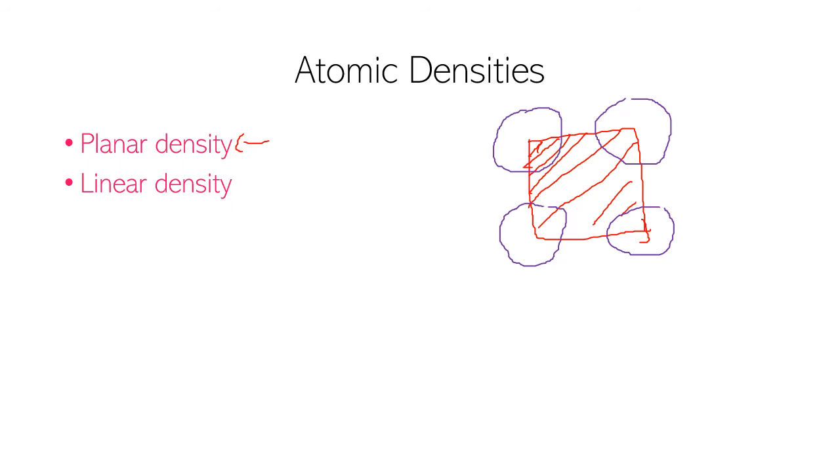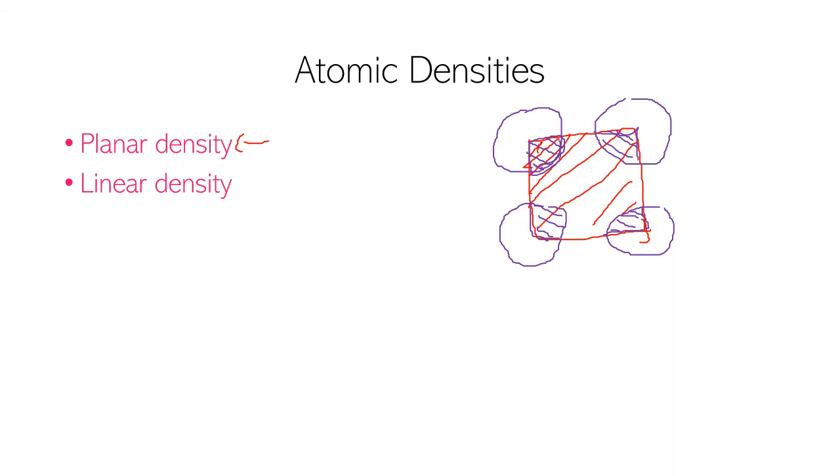Out of the total red hatched area, only this small portion at the four corners is occupied by these four corner atoms. Which means that most of the area in this plane is empty. Only these quarter circles at the corners are occupied by the atoms. Of course, we are considering atoms as circles.